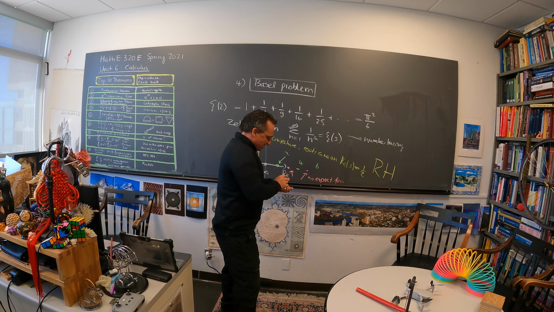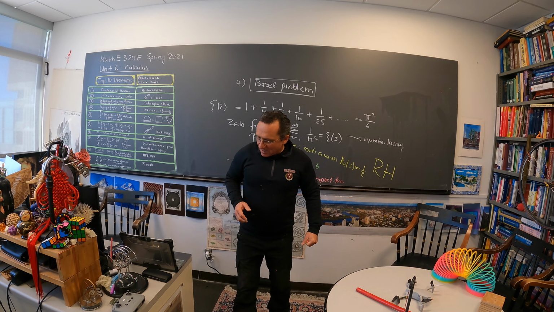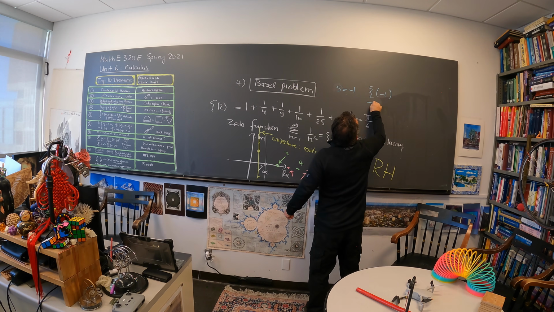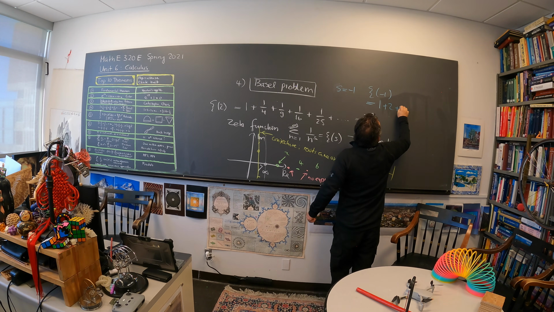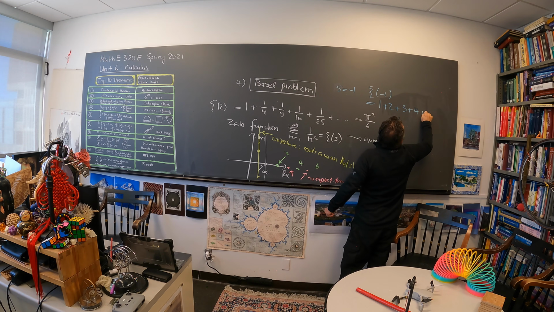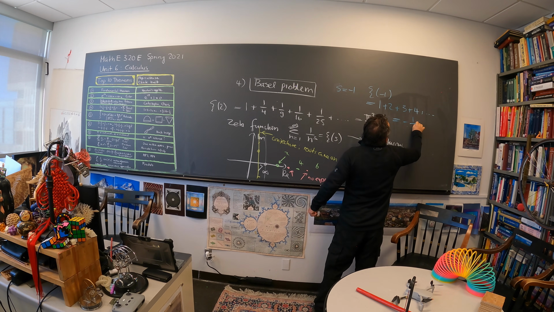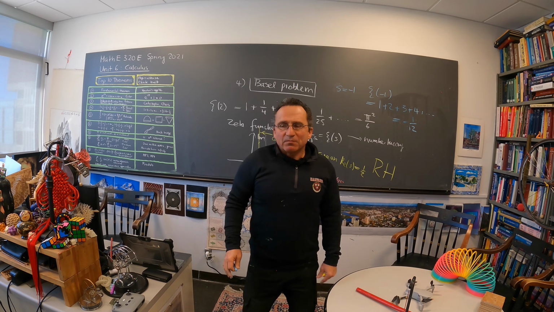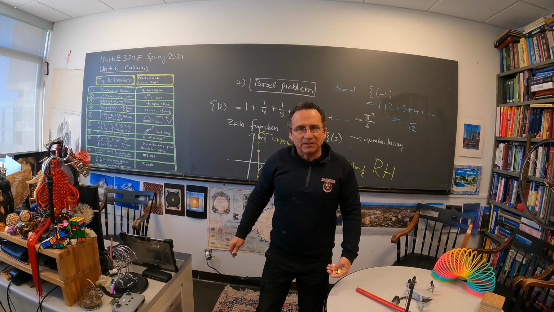It's also related to some pop culture. S is equal to -1. Then zeta -1 is 1 plus 2 plus 3 plus 4, and this is -1/12, as you can compute when you put it into a professional calculator like Mathematica.